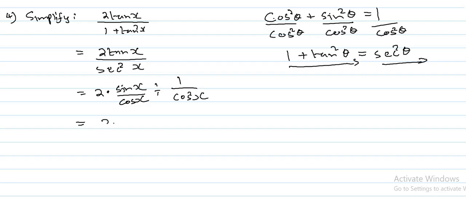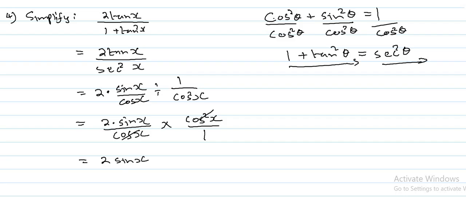This is the same as 2 sin x over cos x multiplied by cos squared x over 1. So if it's 2 tan, please don't make the mistake of saying this is 2 sin x over 2 cos x. No, the 2 remains. You just change the tan into sin x over cos x. One of the cos cancels out the cos x here. Then we are left with 2 sin x multiplied by cos x.